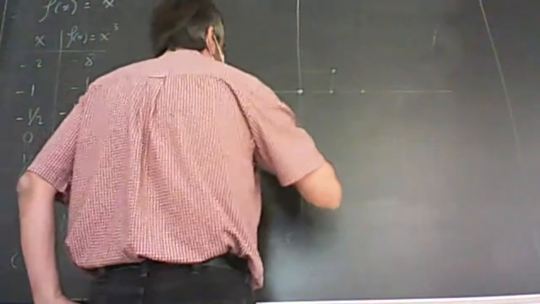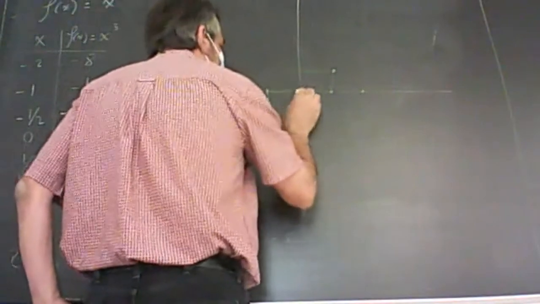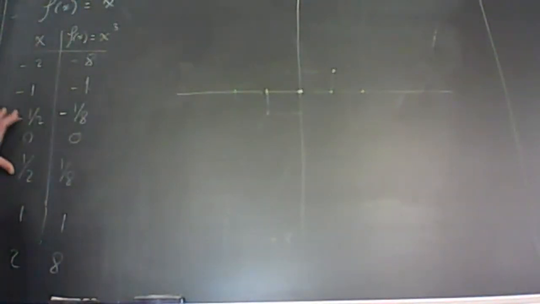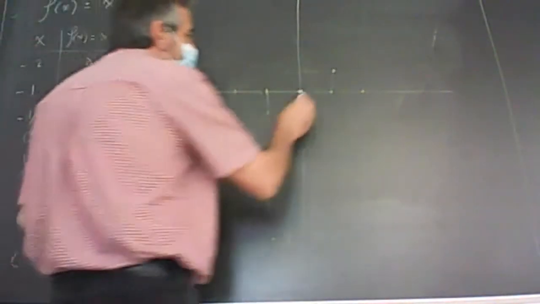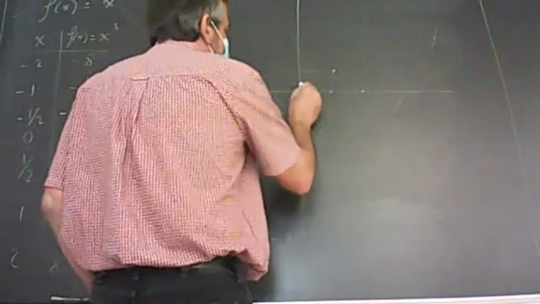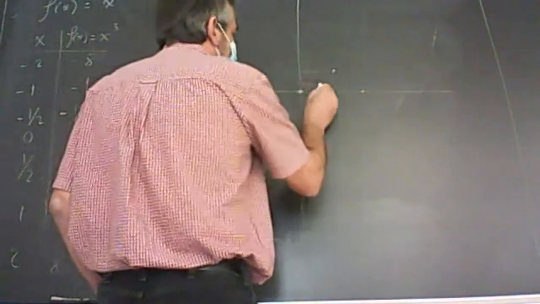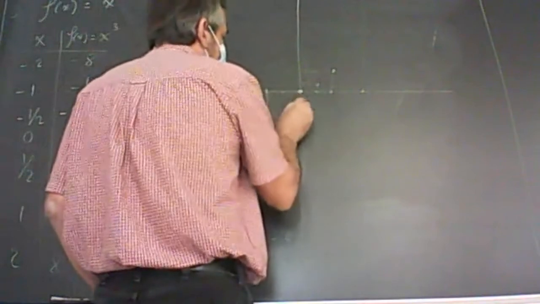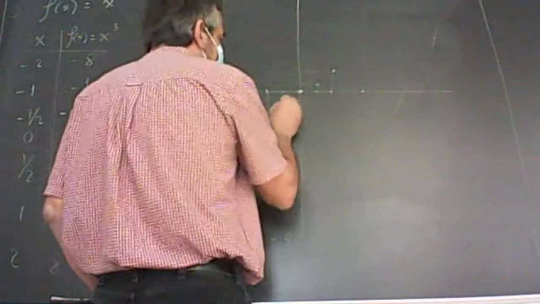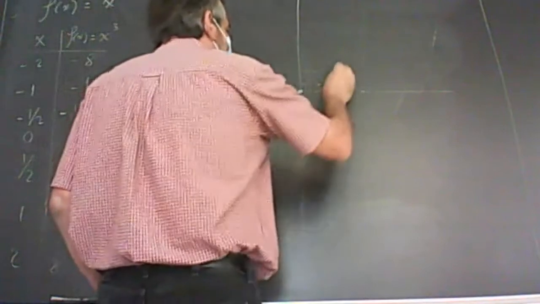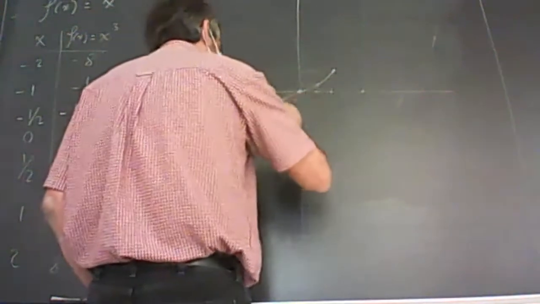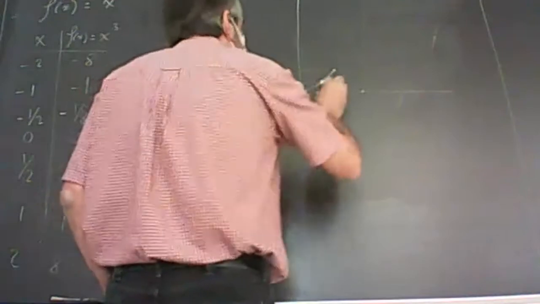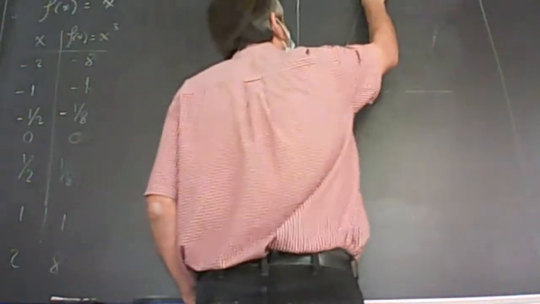We're going to go through these points. Oh, one thing I haven't done yet, I haven't done the fractions. So when x is 1/2, this is about 1/8 right there, and negative 1/8 on the other side. Now let's go ahead and graph this. Okay, it looks like that.